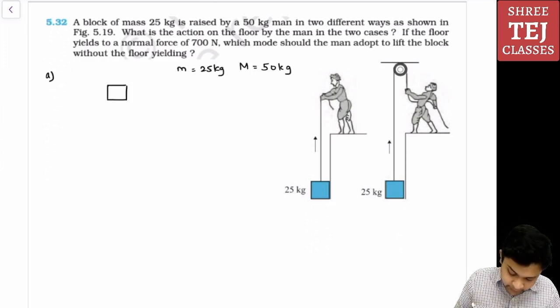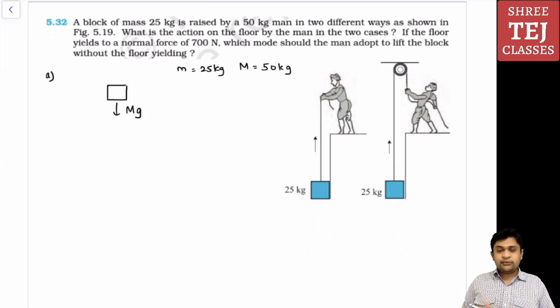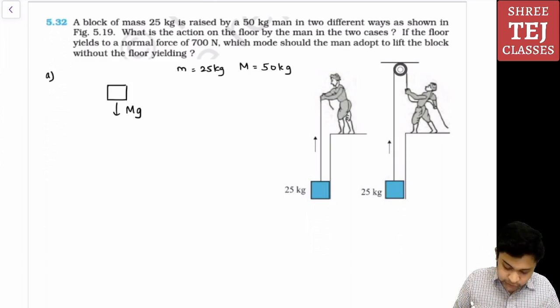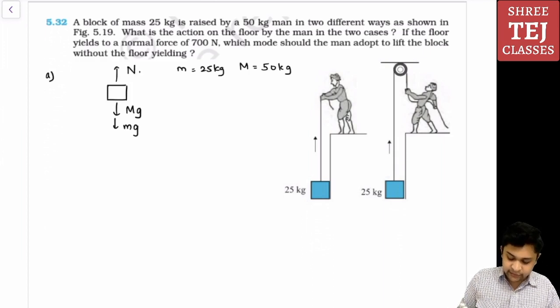Now here we have capital Mg, which is weight of the man, and also because the man is directly lifting up the box, we also have to add small mg, and everything is countered by normal force N. So let us call it N1.